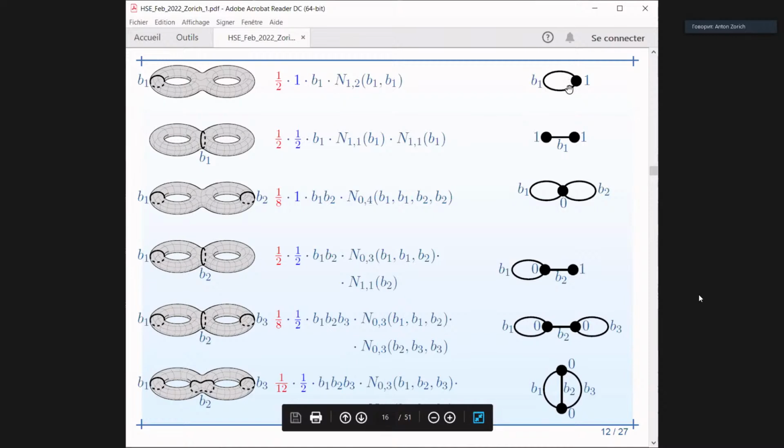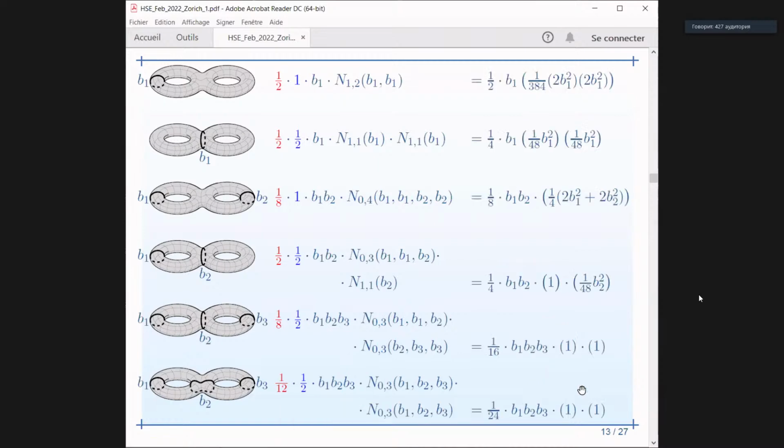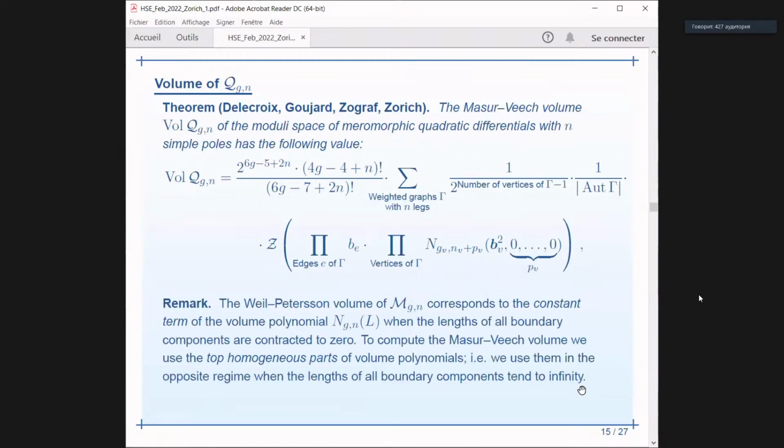That's all possible stable graphs which correspond to surfaces of genus 2 with no marked points. So that's all possible boundary classes for M2. The vertices of the graphs are weighted with the genera of the components, while the edges are weighted with the parameters b. Yeah, I see.